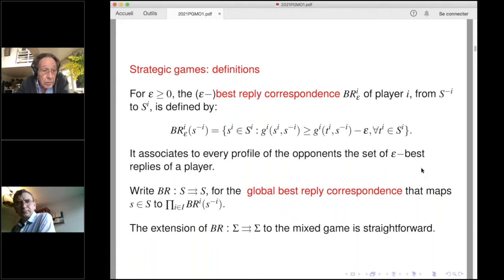I will denote by capital BR the global best reply correspondence, where each component is BR^i. The extension to the mixed extension of the game is straightforward. If you have any clarifying question, please let me know.